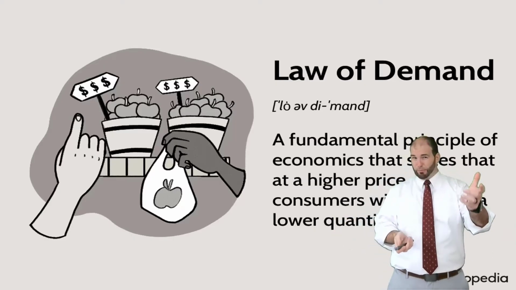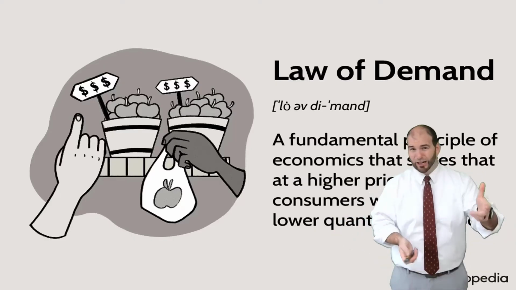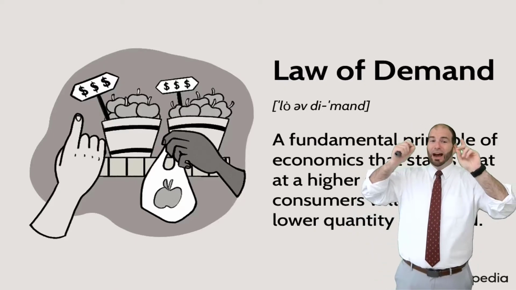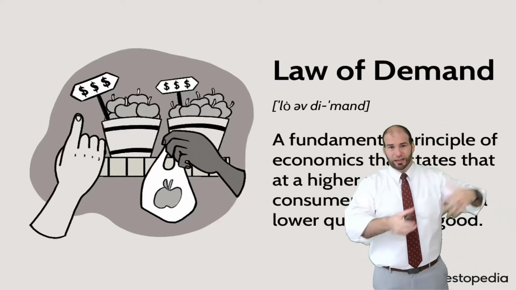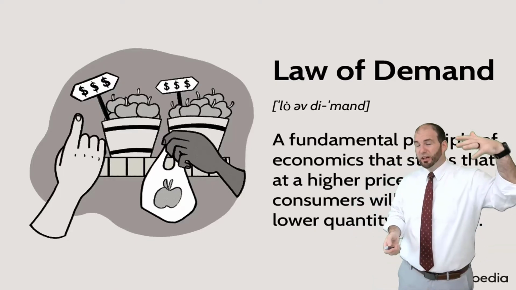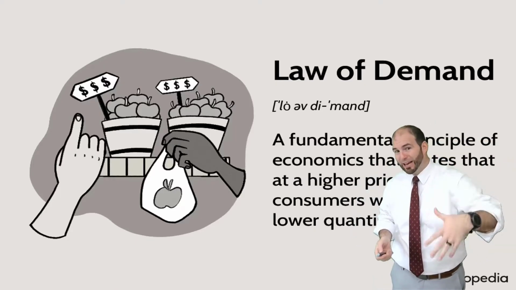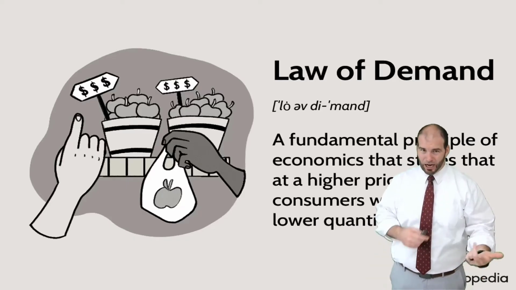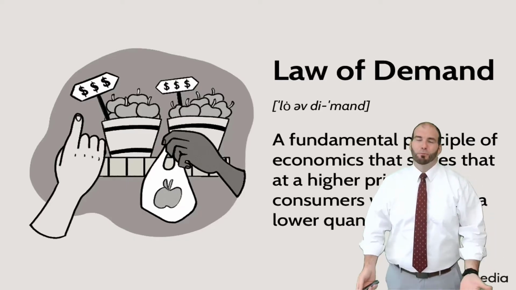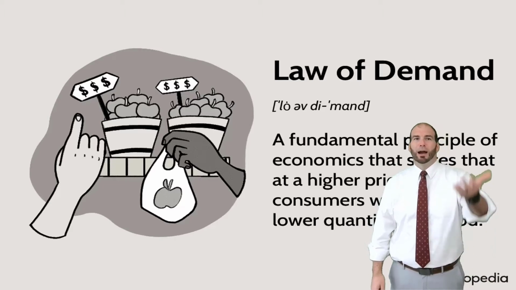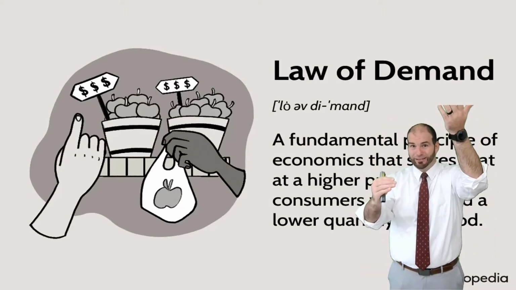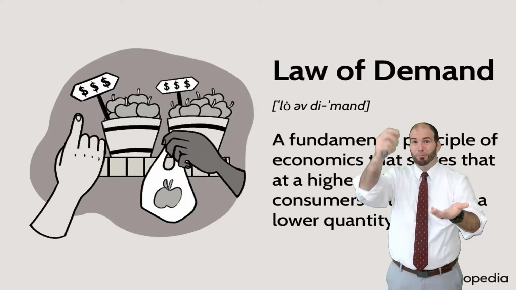The law of demand is the fundamental principle of economics that says the higher the price is, the lower the quantity consumers will demand. And the opposite is also true. If price goes up, people will buy less. Price goes down, people buy more.